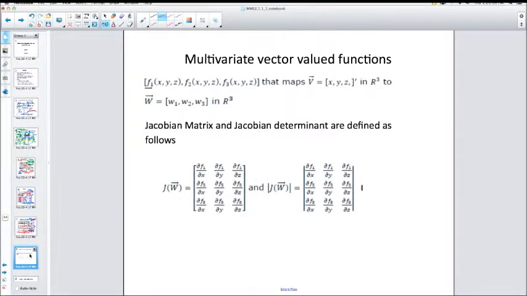Now, are you ready? We're going to move to an even harder context. In that example, you are going to have 3 independent variables and 3 dependent variables. That is a 3D to 3D map.